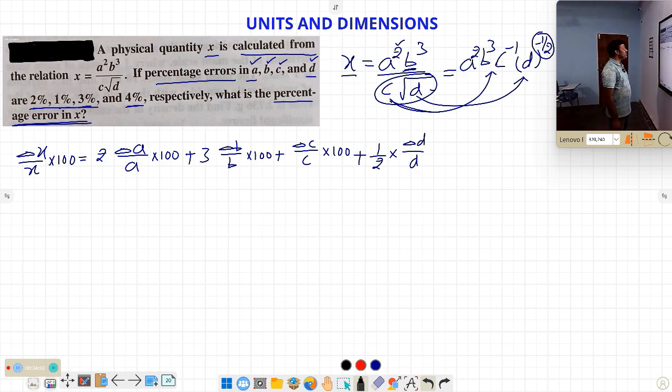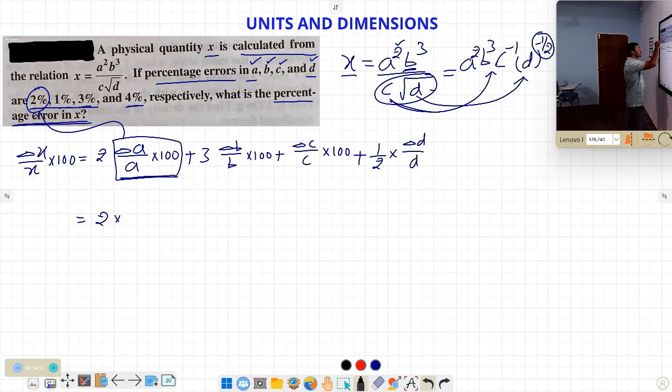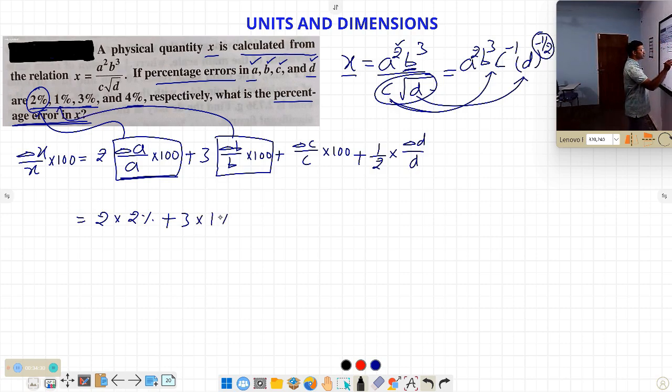So what is given in the question? 2% is the percentage error in the a value. So this is 2 into the percentage error of a, which is 2%. Plus 3 into the percentage error in the b value, which is given as 1%.